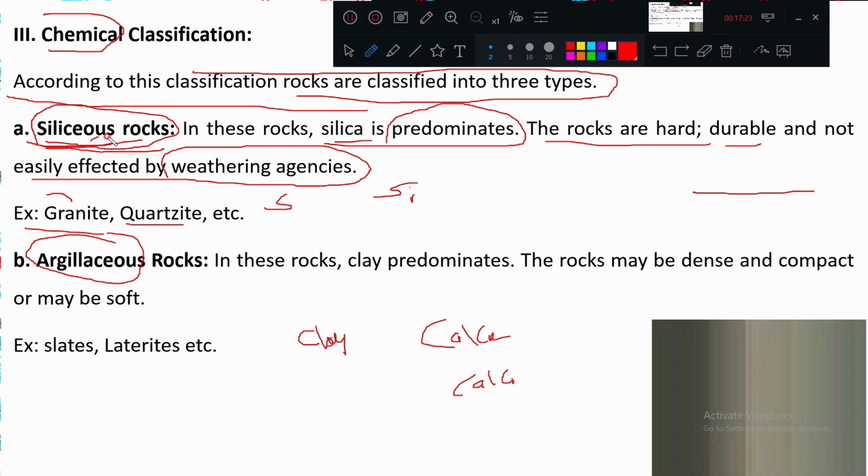These are major siliceous rocks. In argillaceous rocks, the clay is predominant. These rocks may be dense, compact, or soft. Examples are slates and laterites. So slates and laterites are generally argillaceous rocks, and granite and quartzite are siliceous rocks.